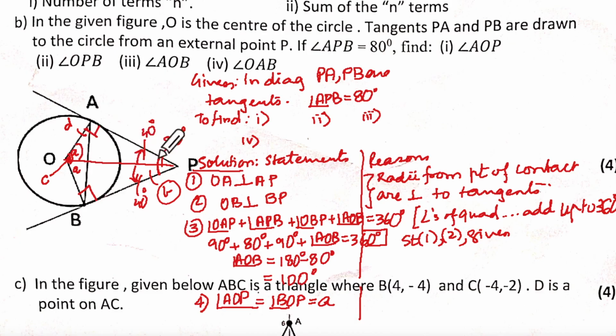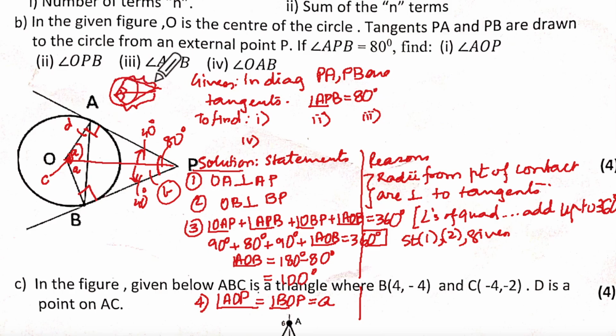This is the property. See, if you are having the circle and these two tangents, this angle will be equal to this angle, and this is the angle subtended by this tangent and this tangent at the center.